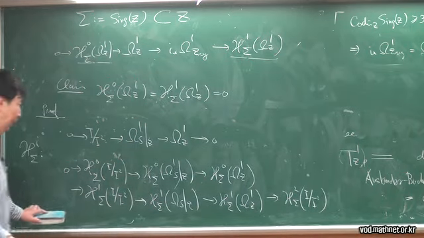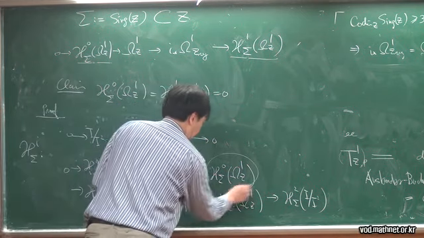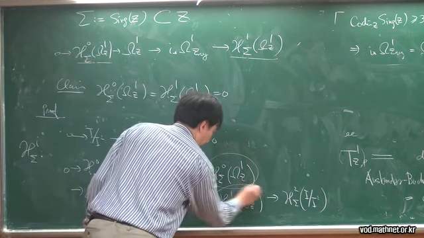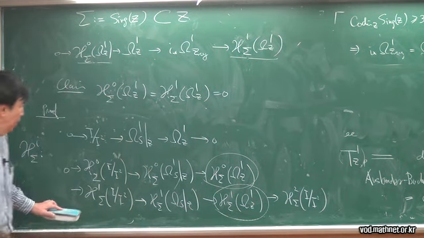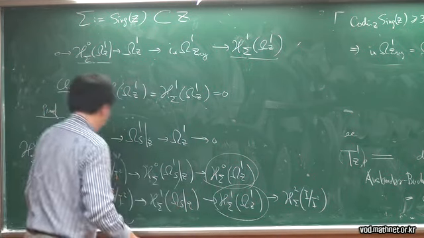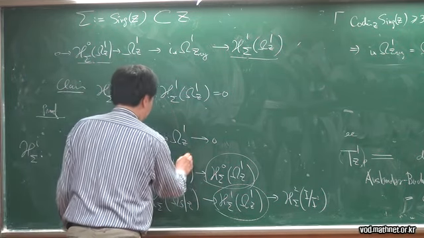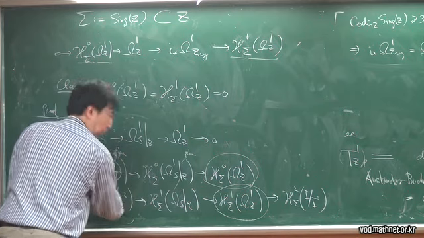So I want to prove that this is 0. So this part is important. In order to do that, everything vanishes because these are all free. All free. Yes, this is free, and these are all free.